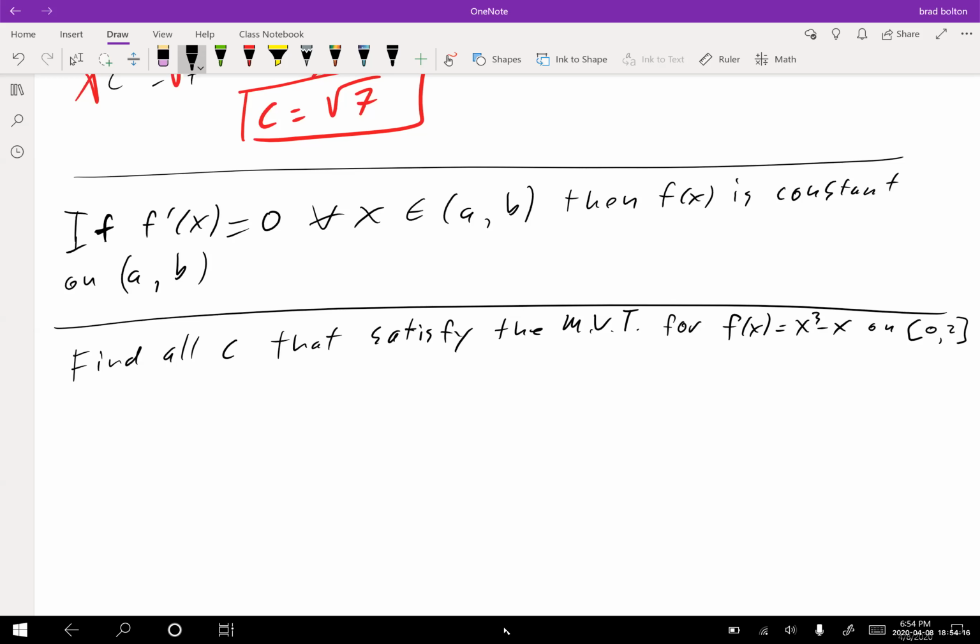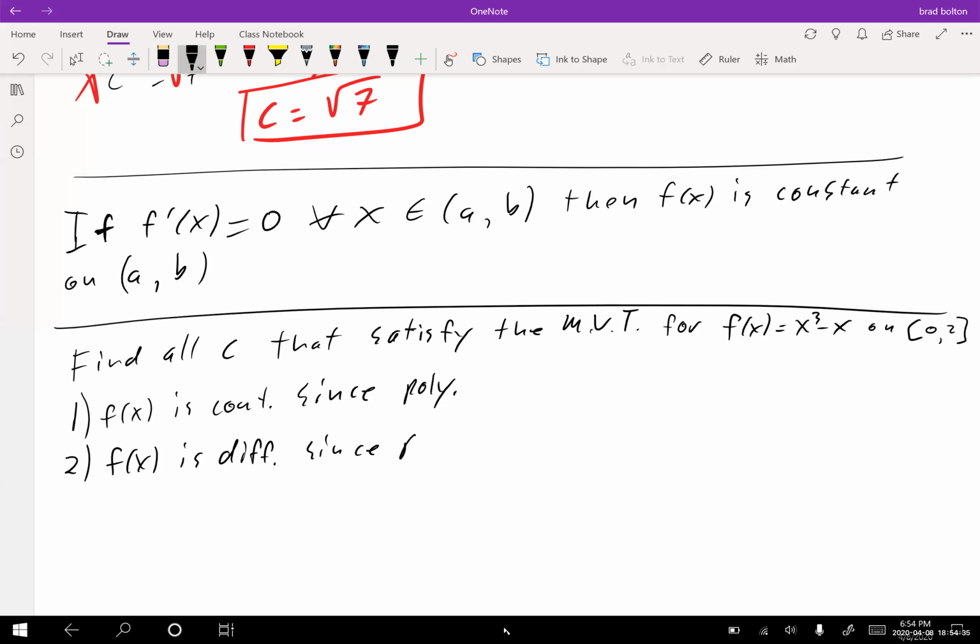Okay, so hopefully you guys paused it, you gave it your best shot. We have to do two things. First, we have to say, well, f of x is continuous since it's a polynomial. And then we also know that f of x is differentiable since it's a polynomial. Check and check.